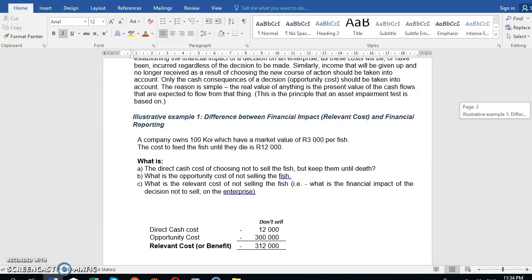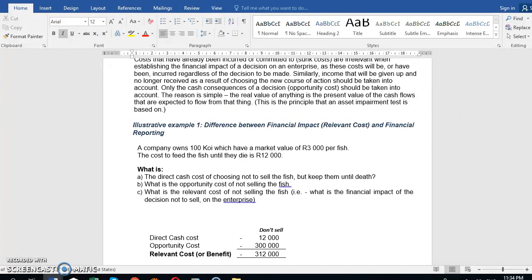So number 1, part A is, if we choose not to sell the fish, well, what are the choices? We really only have 2 choices. We're going to sell the fish or we're going to keep the fish. Now part A is saying, if you keep the fish you have to feed them.